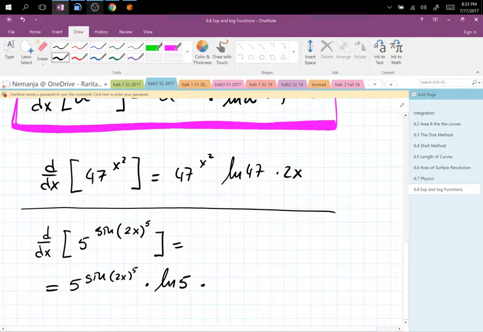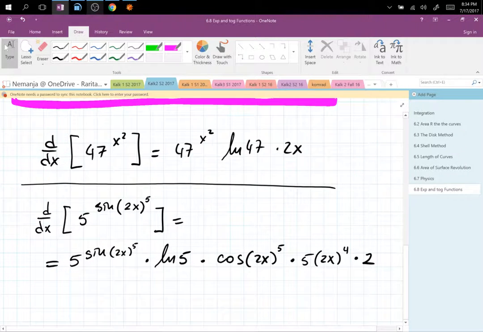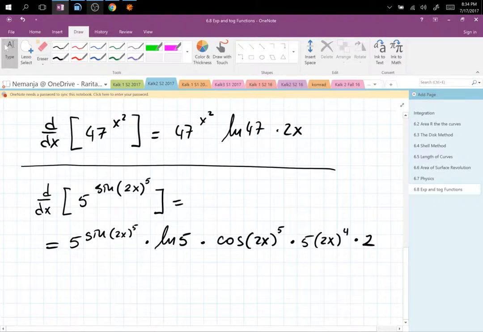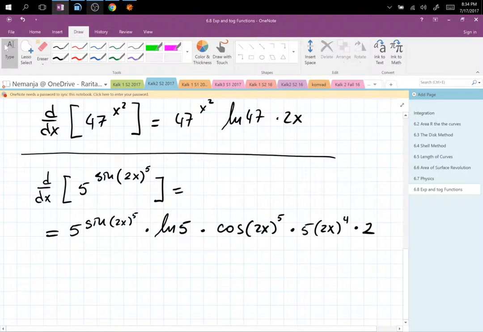So the major function is sine, so its derivative is cosine of 2x to the 5 times the derivative of 2x to the 5, which is 5 times 2x to the 4th, and then the derivative of the inside, which is 2. See? Beautiful.